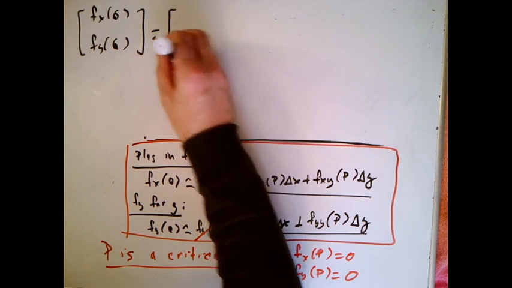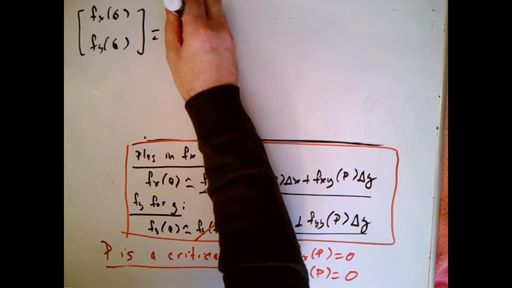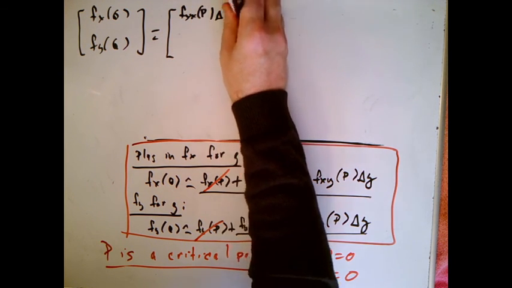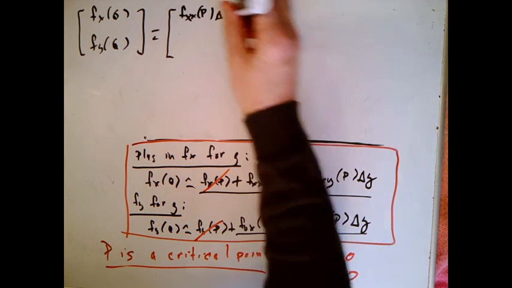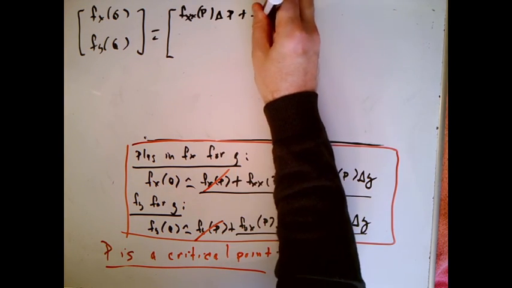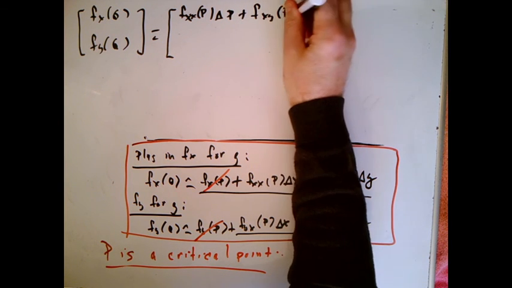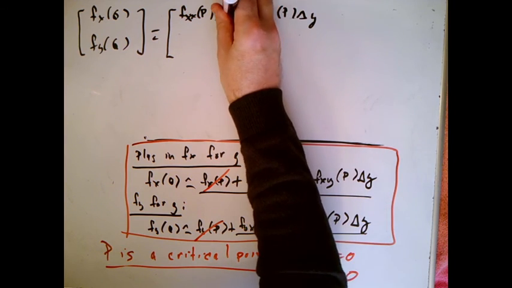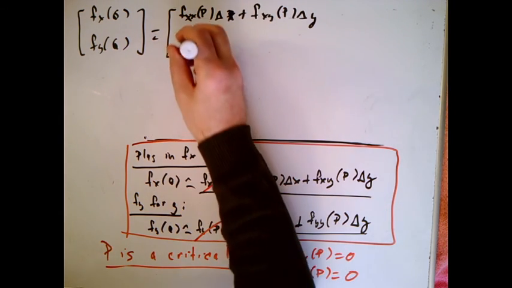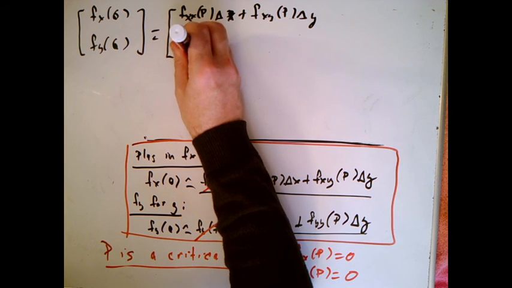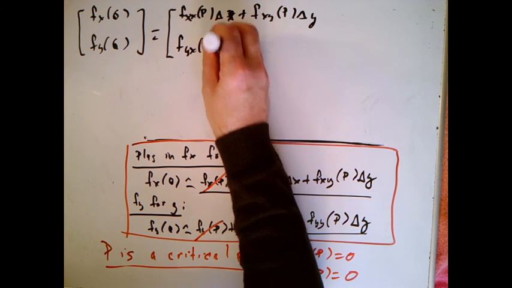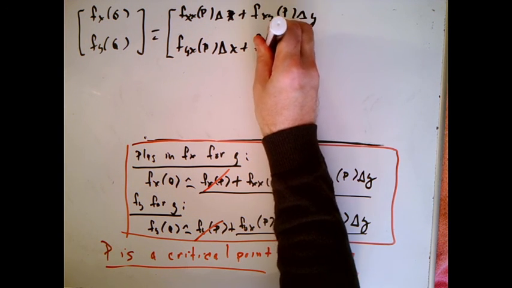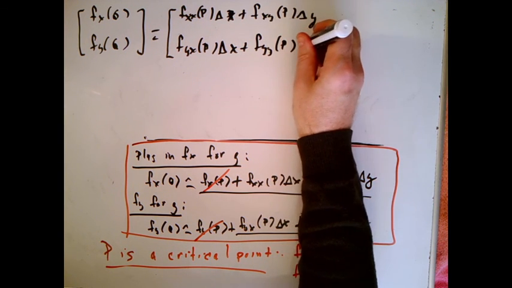In the top row, I'm going to get f_xx at p times delta x plus f_xy at p times delta y, and down here I have f_yx at p times delta x and then f_yy at p times delta y.